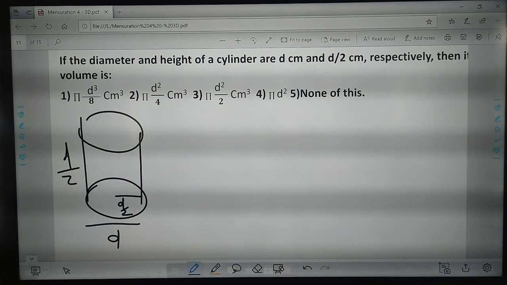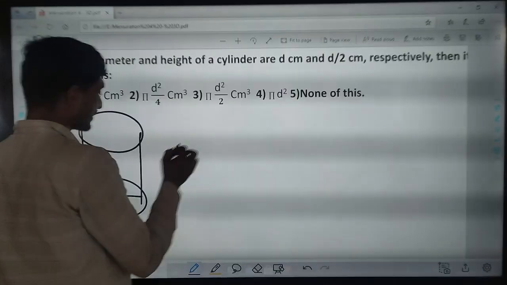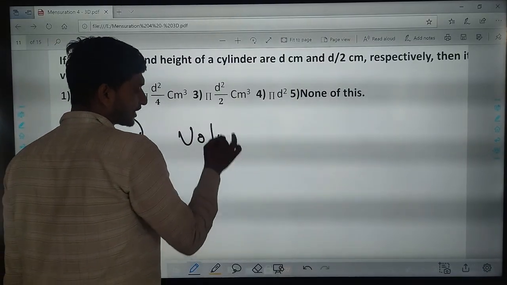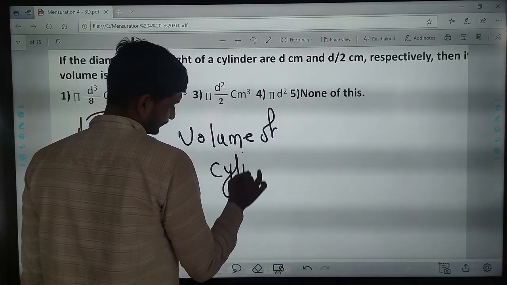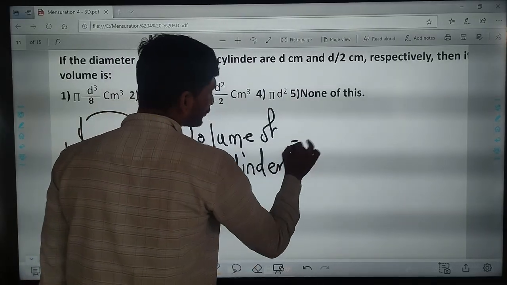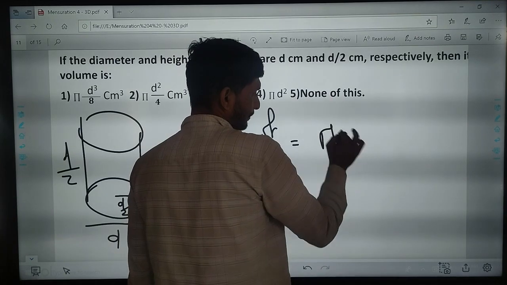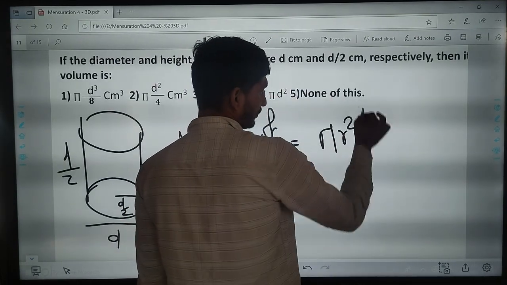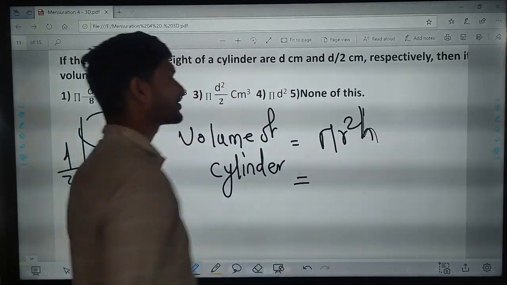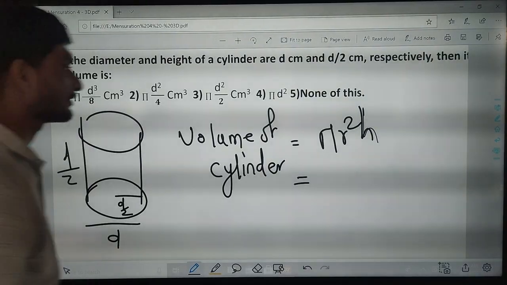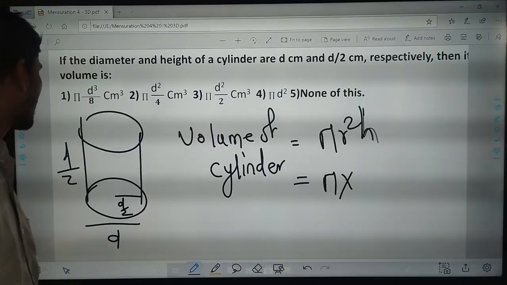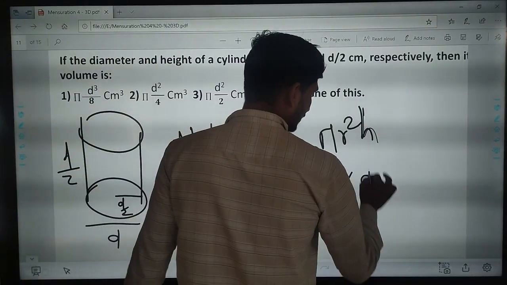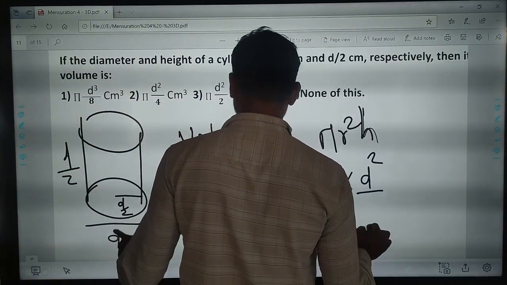Now we find the volume of the cylinder, which is pi r square h. Here the radius is d by 2, and squaring it gives d square divided by 4.